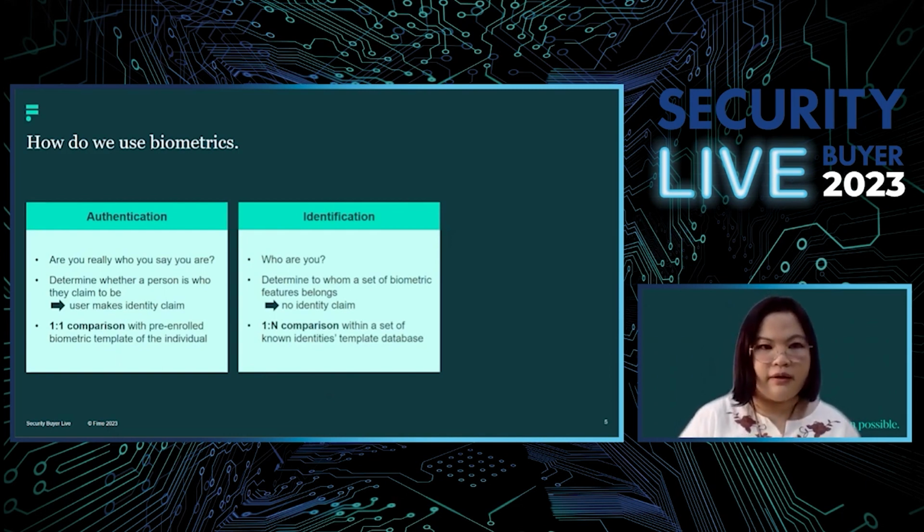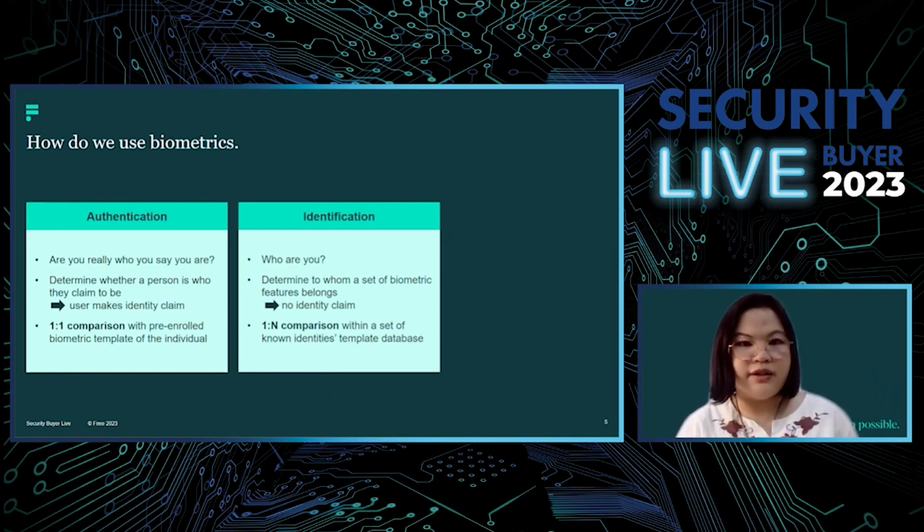The biometric systems make comparisons one-to-one model to compare the biometric template provided compared to the enrolled template of that same individual. The other working model is the identification side, where the users do not make their identity claims. The biometric data will be compared with a set of database. It's a one-to-n comparison model.